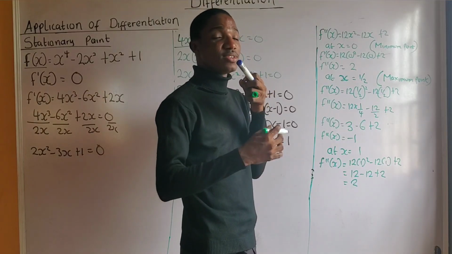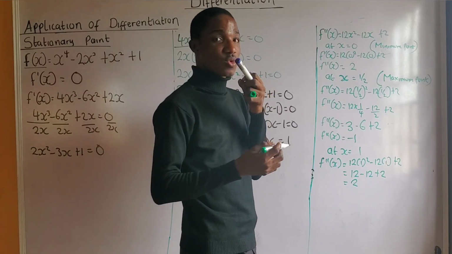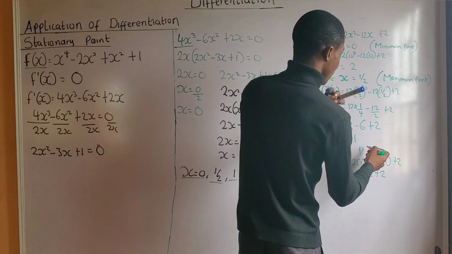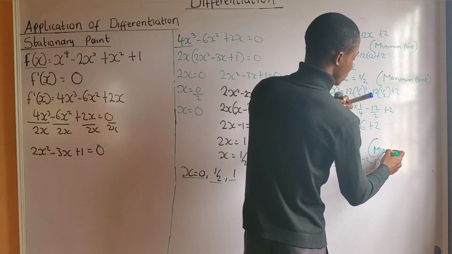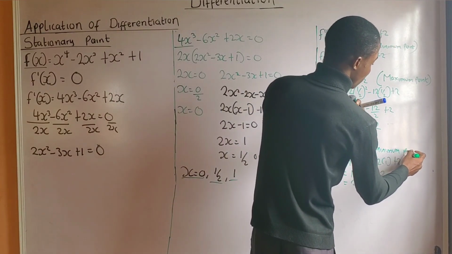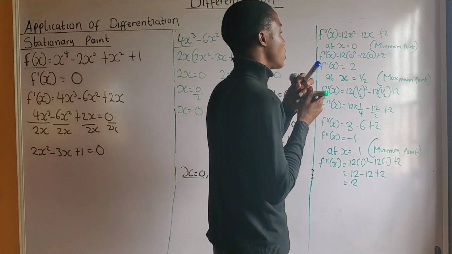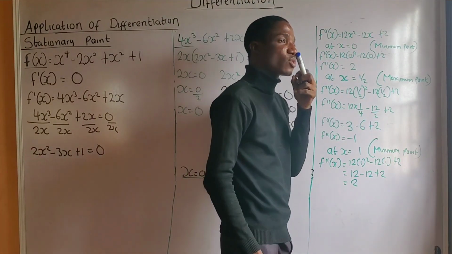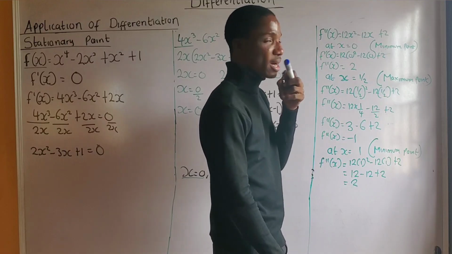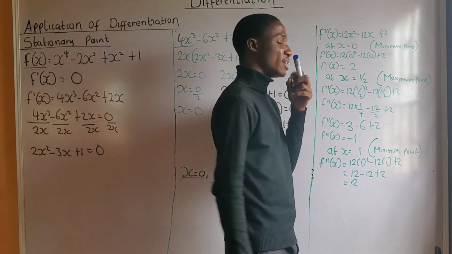That means it is greater than 0. That means this point is what? Minimum point. So at x equals 0, it is minimum. At x equals 1 over 2, it is maximum. At x equals 1, it is minimum point.